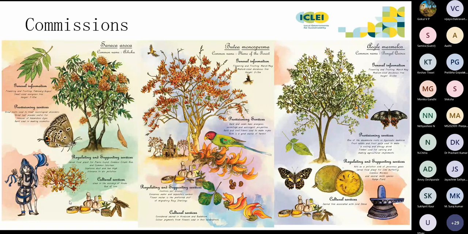So that there is some awareness about these trees and the cultural and ecological services that they provide to humans, because most of these plants are medicinal and many of them have very strong cultural associations with a lot of gods that are worshipped in India.